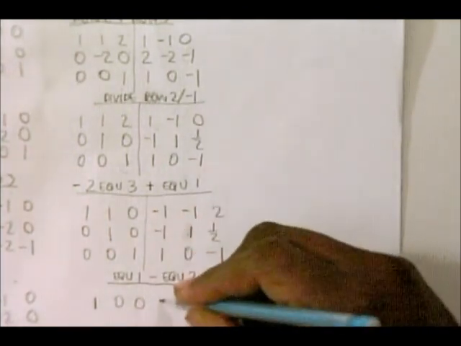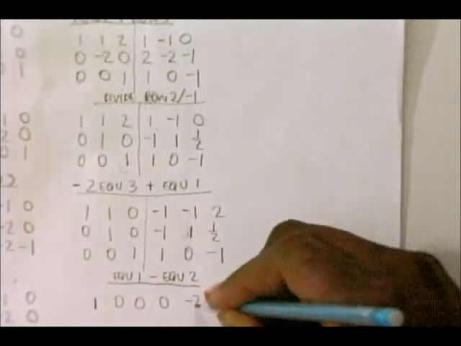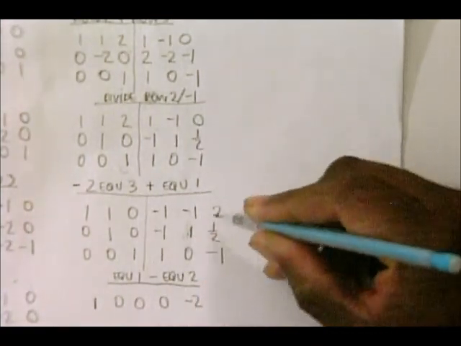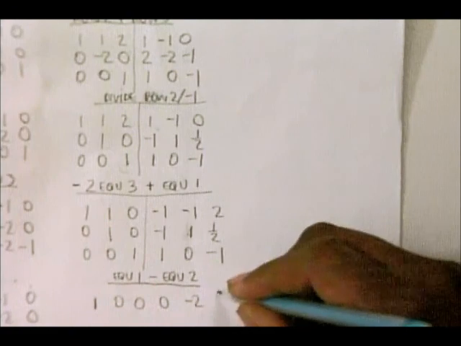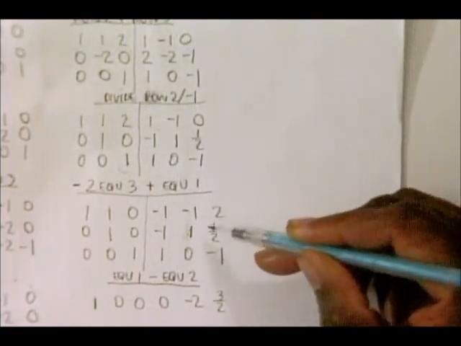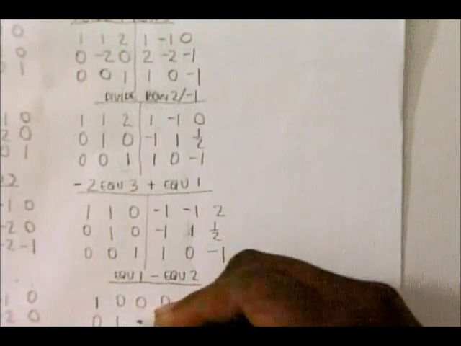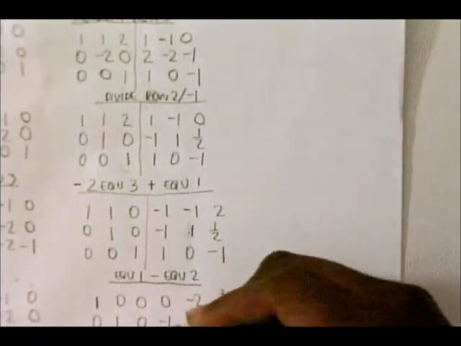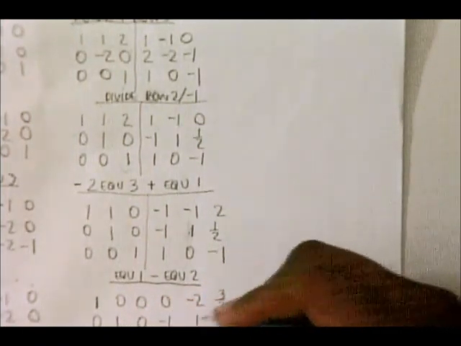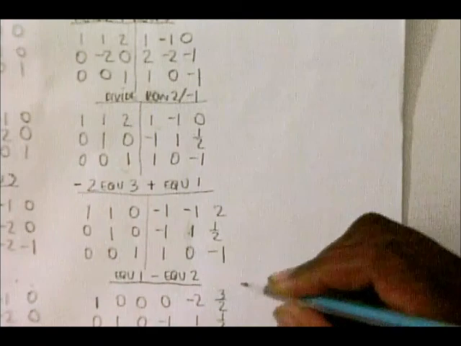Negative 1 minus negative 1, that's 0. Negative 1 minus 1 is a negative 2. And 2 minus a half is 3 halves. 4 halves minus 1 half is 3 halves. Now, let's keep the second row the same. 0, 1, 0, negative 1, 1 half. 0, 0, 1, 1, 0, negative 1.